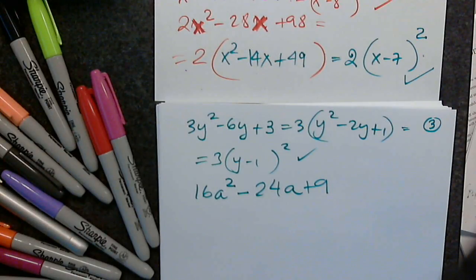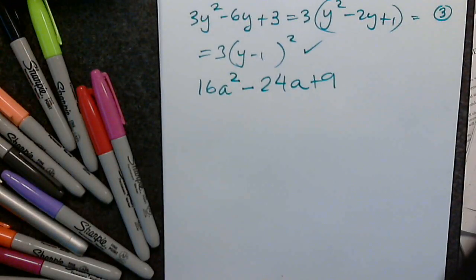So what is it? It's a trinomial. Is it in descending order? Yes. Greatest common factor?